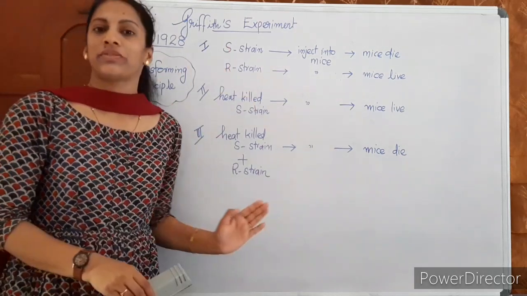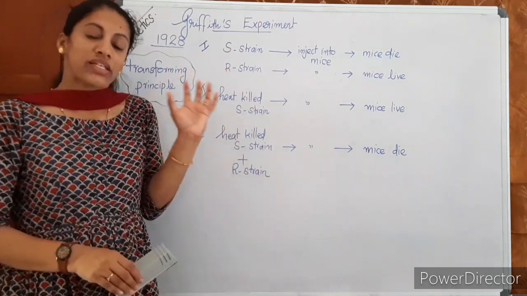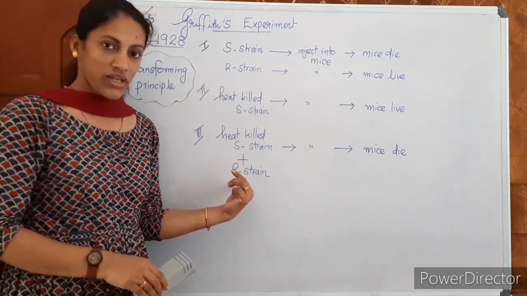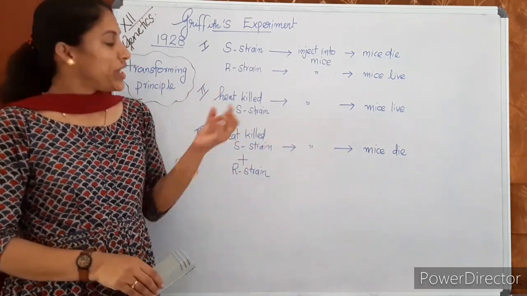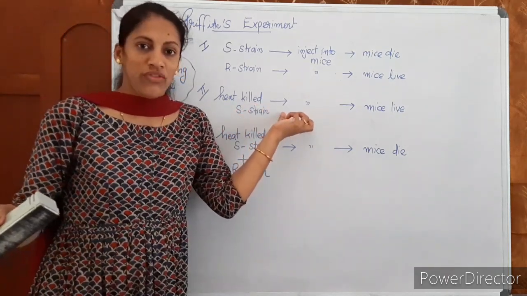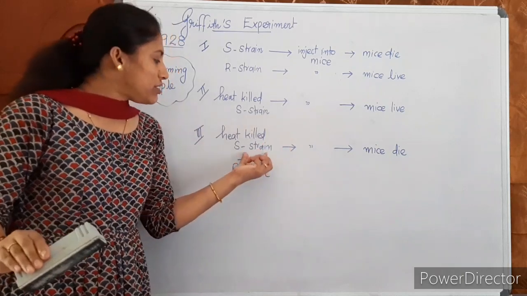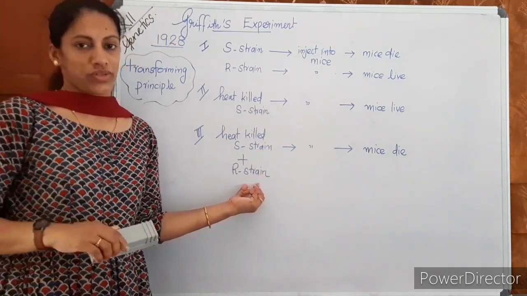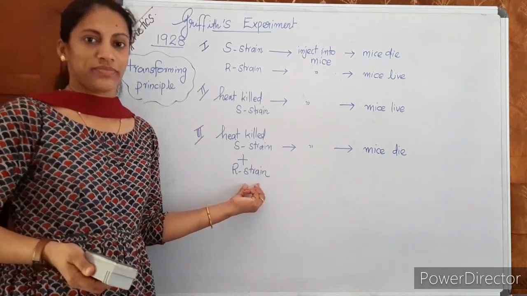I think Griffith's experiment is clear. Griffith's experiment is related to transformation of R strain by heat-killed S strain. Heat killing has spoiled that property, the virulent nature, but when it is used along with the R strain, it converted R strain to S strain. Again it became virulent.